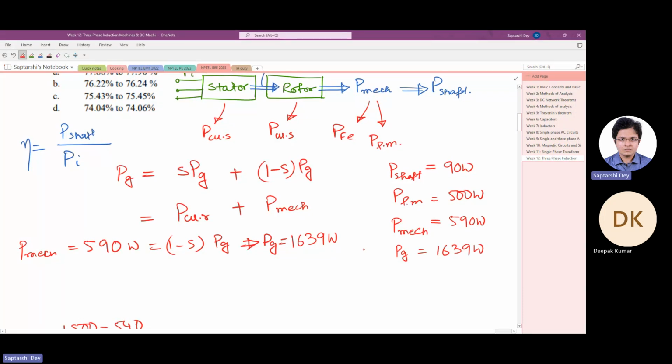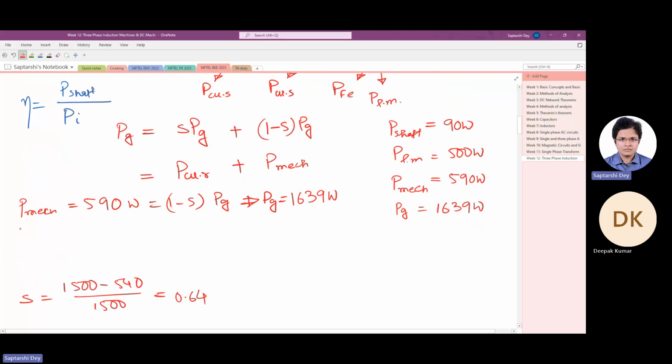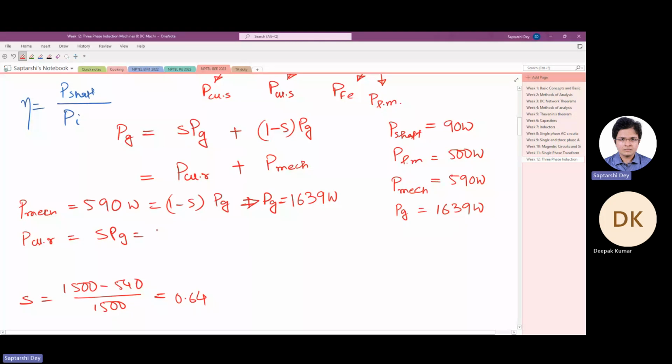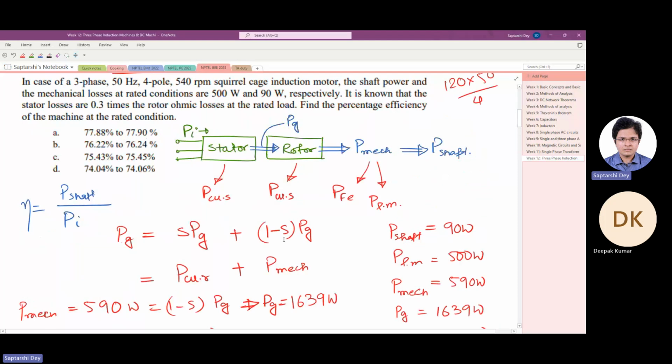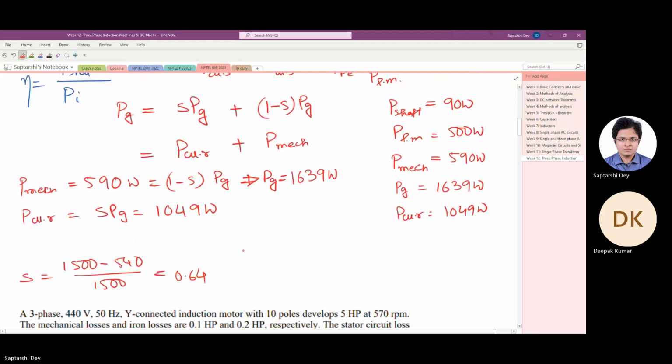Now from here, rotor copper loss is S Pg, which is 0.64 times Pg, 1049 watt. Now stator copper loss is 0.3 times this, which is 315 watt.